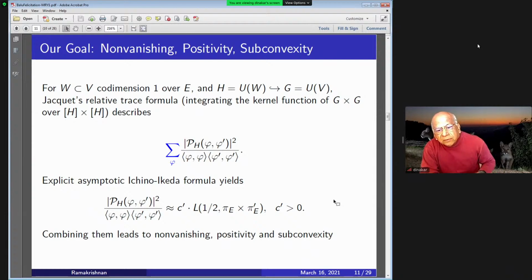And then the subconvexity comes by expressing this in terms of something. So this will come from what we call the spectral side in the relative trace formula. And then the geometric side has to be analyzed. And then we will also get a lower bound for this, and that will give us some non-vanishing results.